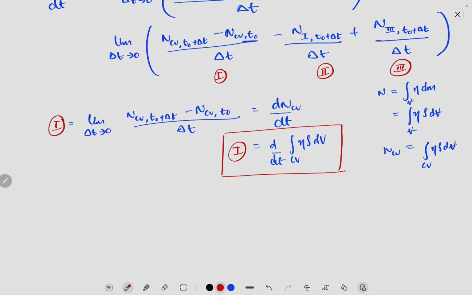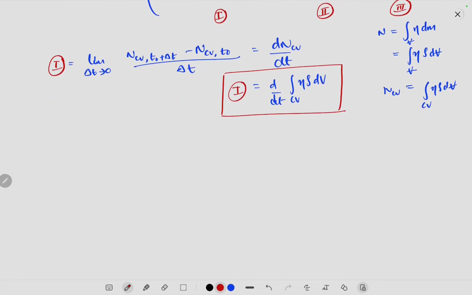Now to evaluate terms 2 and 3, let's first understand a quick problem. Let's say I have given you a 3D surface like this, and let's say the fluid flow is like this.